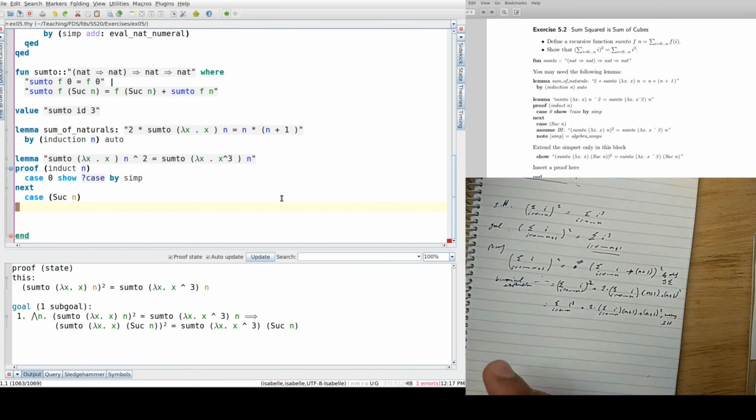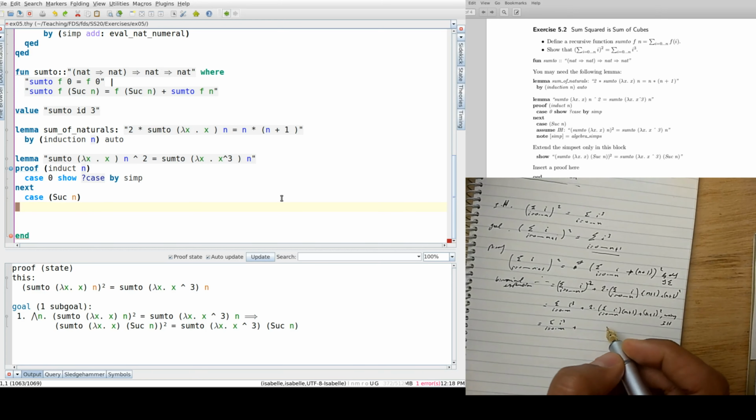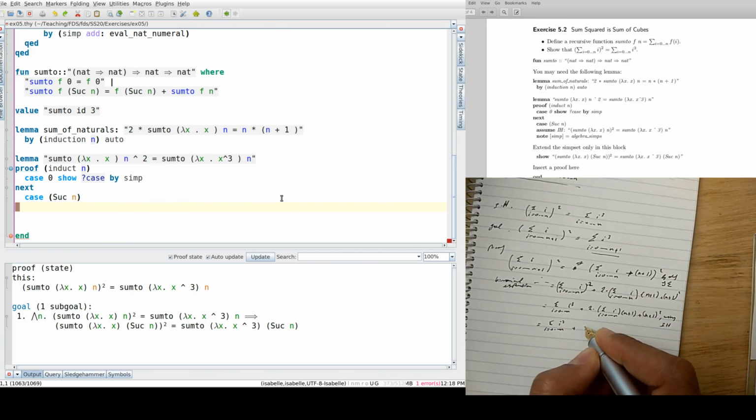We will just write this firstly. So now how can I, we must use the lemma that we proved to change this thing.